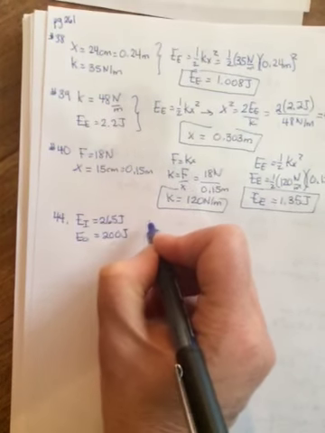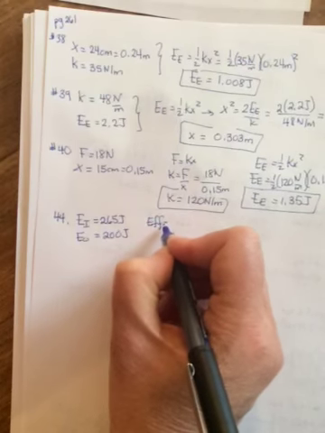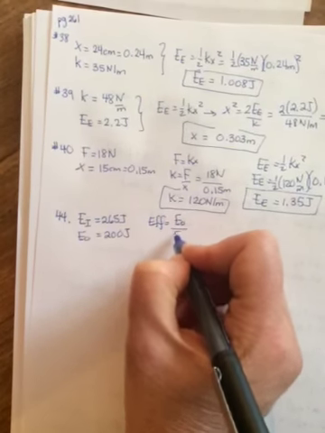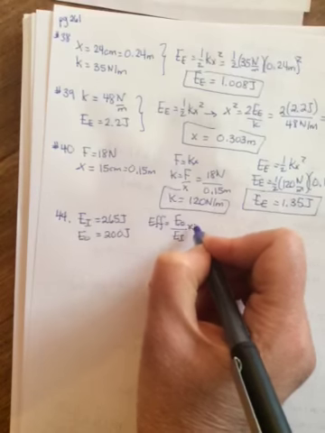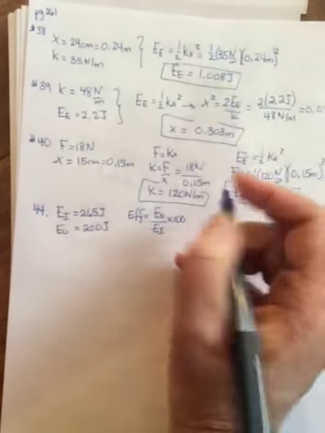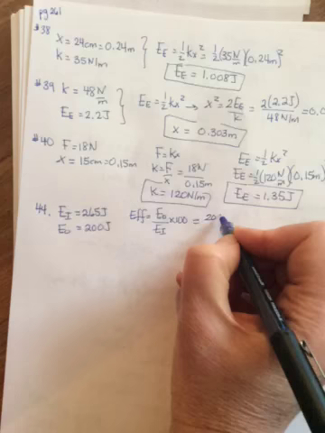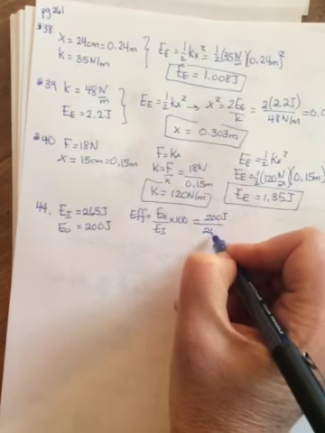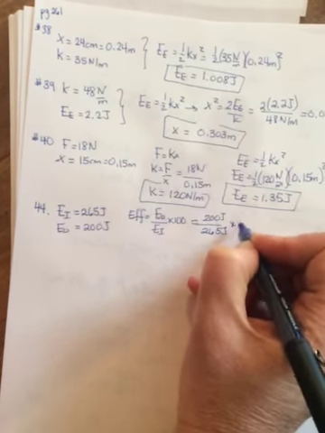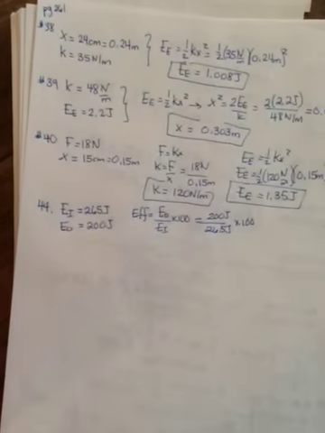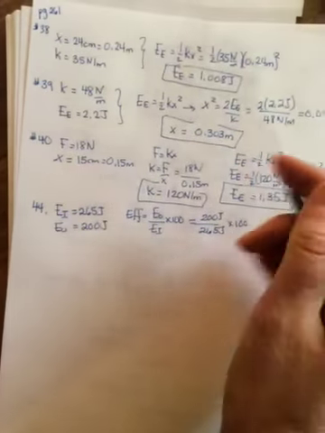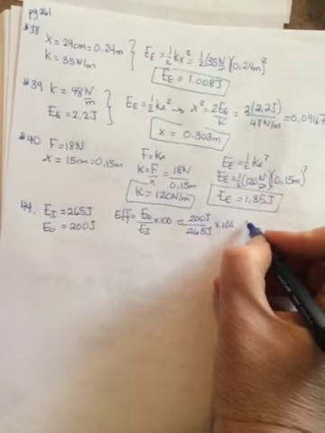It's 200 joules. So efficiency is equal to out over in. And remember I had said if you're not sure, it always has to be the bigger one on the bottom. So 200 joules over 265 joules times 100. And when you do this math, you should get 75.47.